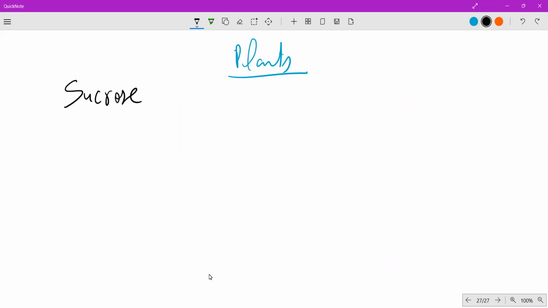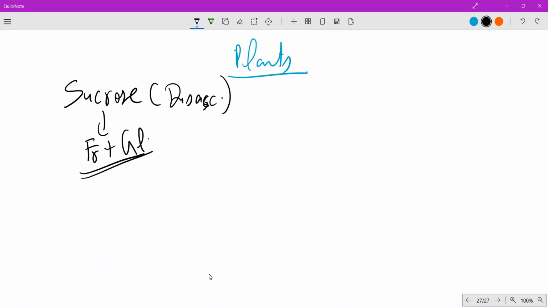Sucrose is very, very important. We know it is a disaccharide. It is made up of fructose plus glucose.